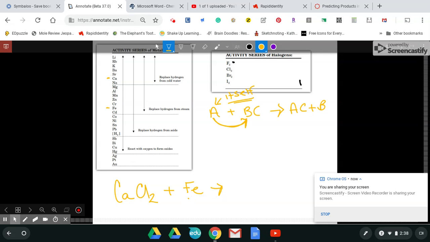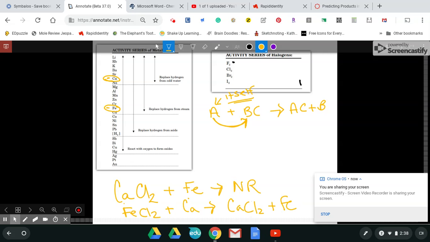Iron is below calcium, so this would be a no reaction because you cannot replace an element that's above you. Now, if I had written this like this, iron chloride plus calcium, then calcium is above it, so this would have been CaCl2 plus iron. It would have worked, okay?